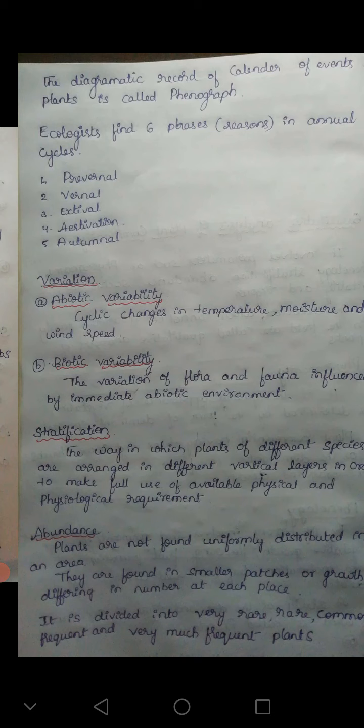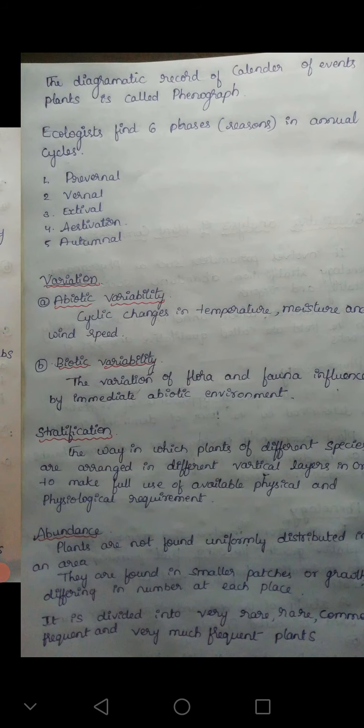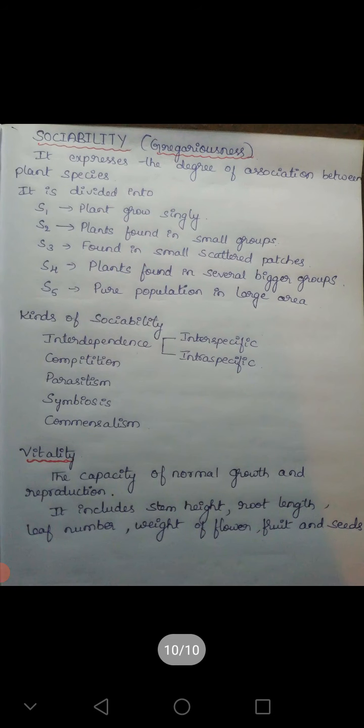Next is kinds of sociability, means how the plants depend on other plants and cooperate with another plant. First one is interdependence, means the species are dependent on one another. It is divided into two types, interspecific and intraspecific. Interspecific interdependence means the dependence of plants of different species.